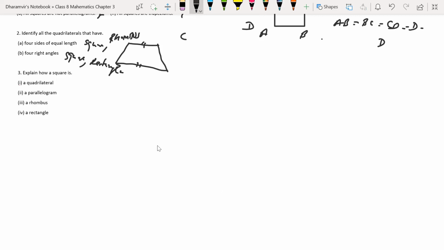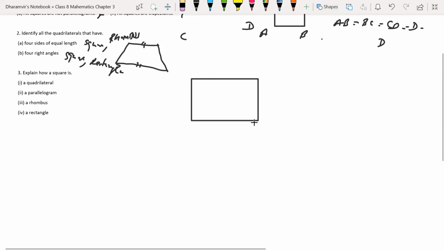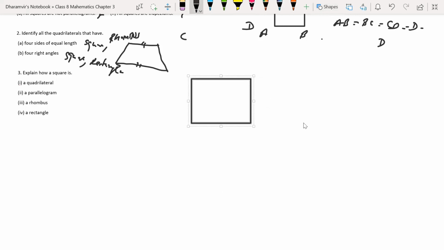So it is a quadrilateral because it has 4 sides. A square is a quadrilateral because it has 4 sides, 4 angles, and a square is a parallelogram.